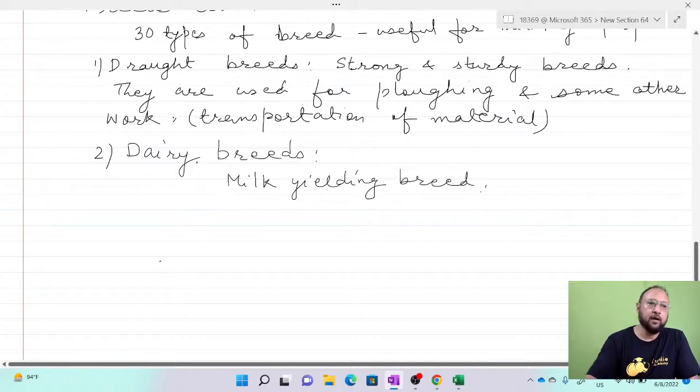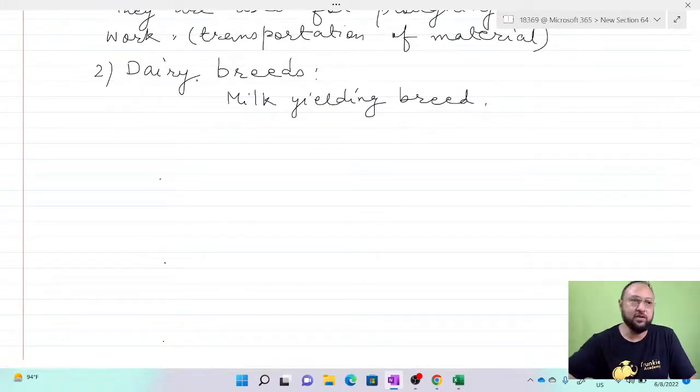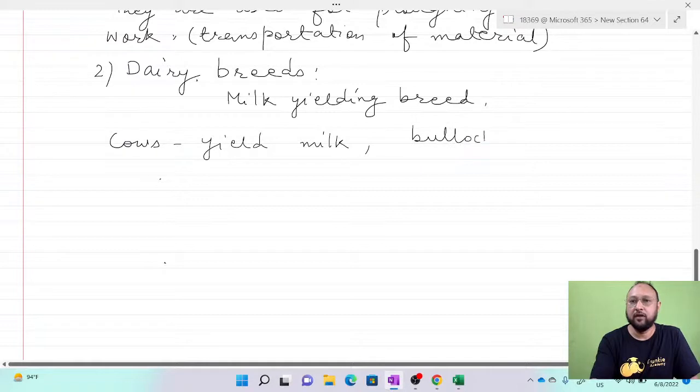Cows are reared for obtaining milk. Now, general utility: in these breeds, the cows are good milk yielders and the bullocks are good for draught work. So cows yield milk, and the bullocks act as draught animals.